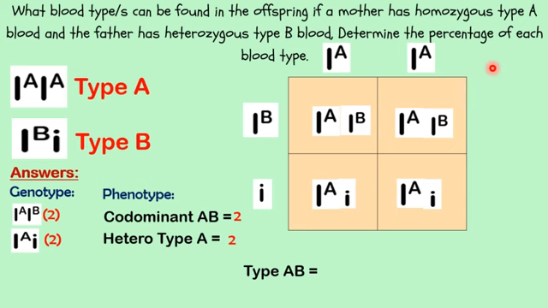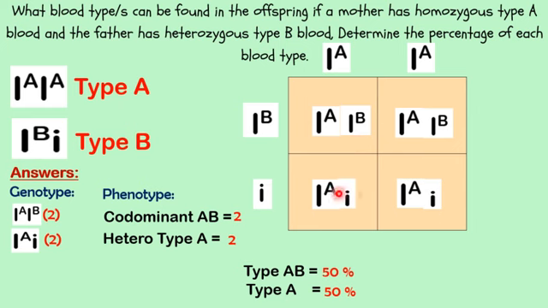Determine the percentage of type AB and type A. Here in the Punnett square, we can see 50% type AB and 50% type A. How do we get this 50%? Again, looking at the Punnett square, we have 1, 2, 3, 4 children.